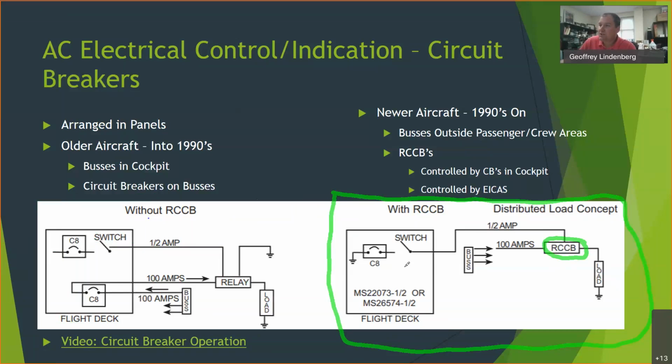So the first generation is we still had circuit breaker panels in the flight deck, low amperage, in this case 0.5 amp, located on panels in the flight deck. There's still the control switch. You might have your hydraulic pump switch in the flight deck, but that's going to control this remote circuit breaker and contactor down in an equipment bay.